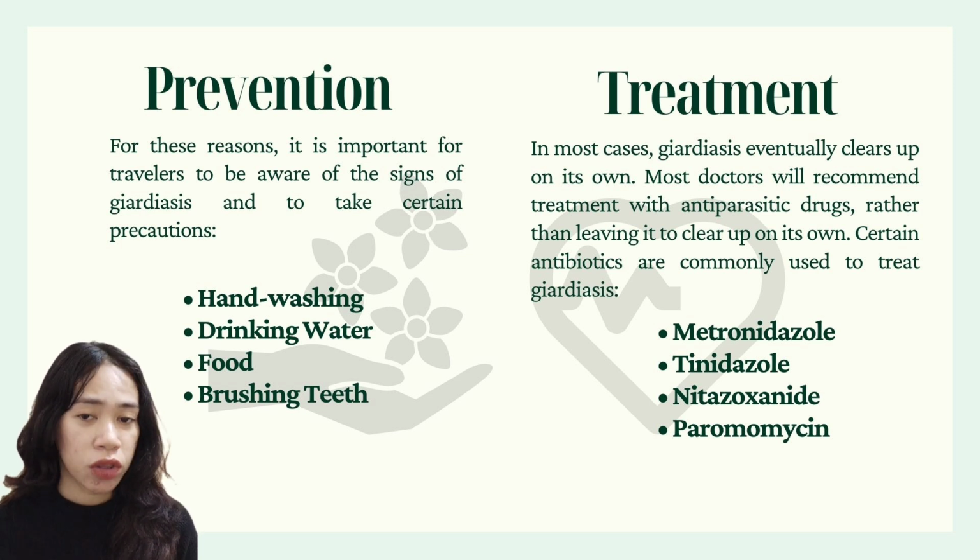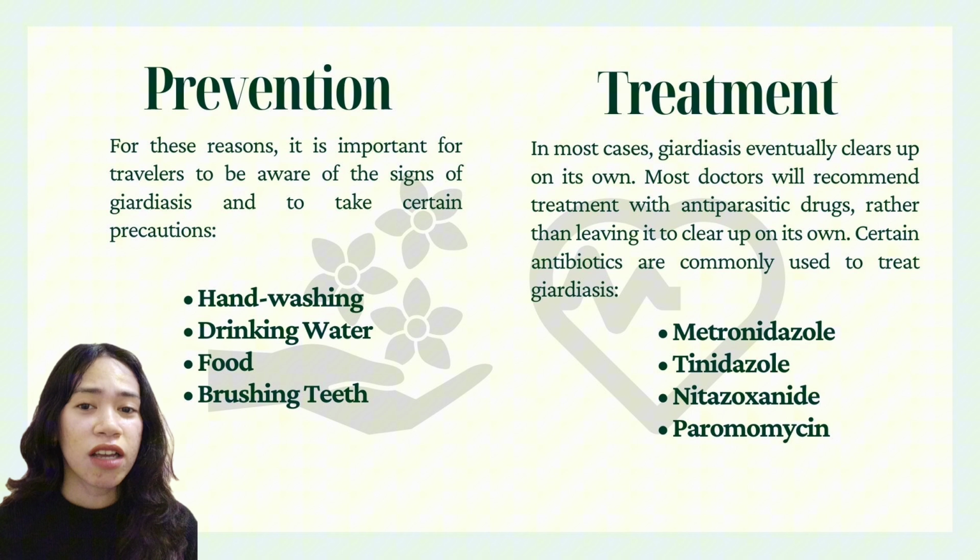Beware of water in rivers and lakes when camping. People should take their own water supply or some means of boiling or purifying it. Third is food. Avoid eating raw foods and foods washed in water that could be contaminated. Last is brushing teeth. When brushing teeth, use purified water.